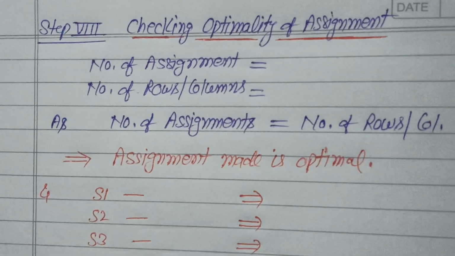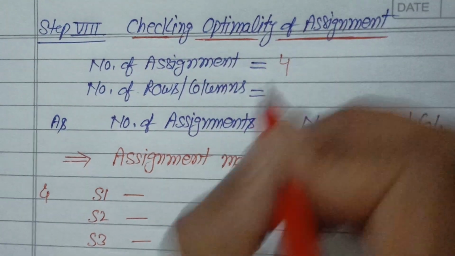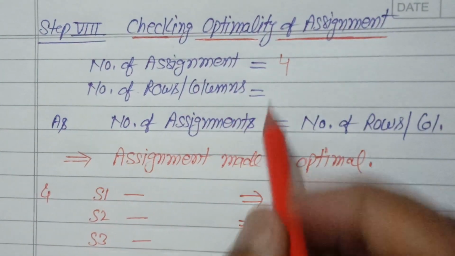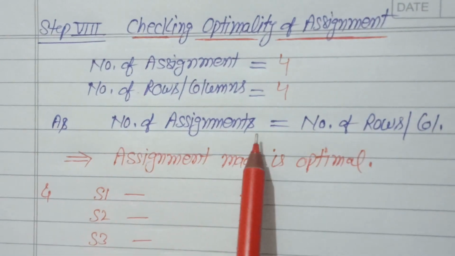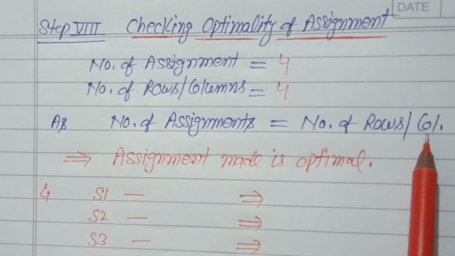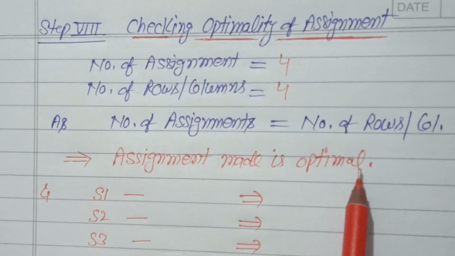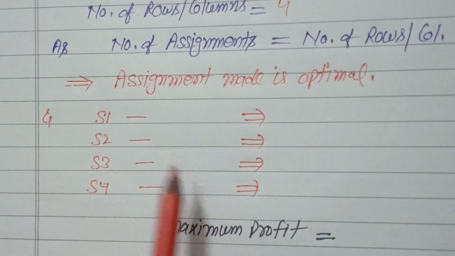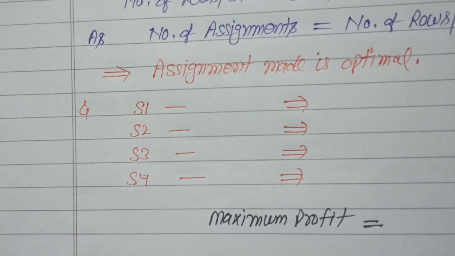Now you will see that the number of assignments made is 4, and the number of rows or columns is also 4. So the number of assignments is equal to the number of rows or columns, so the assignment made here is an optimal assignment. Now we will write down the assignment combination made.